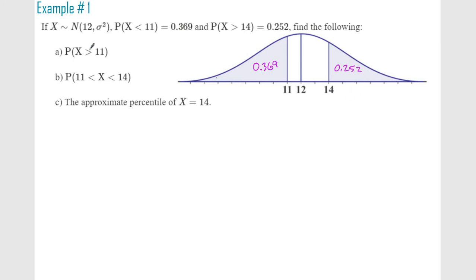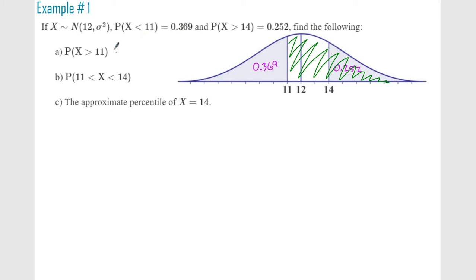I want to find the probability that it's greater than 11. Well, greater than 11 would be from here to there. Well, we should know that's basically the complement of less than 11.